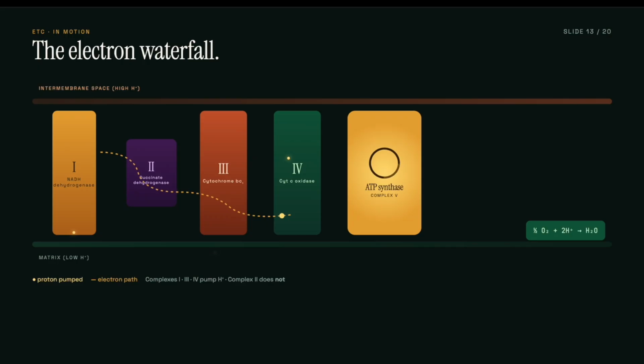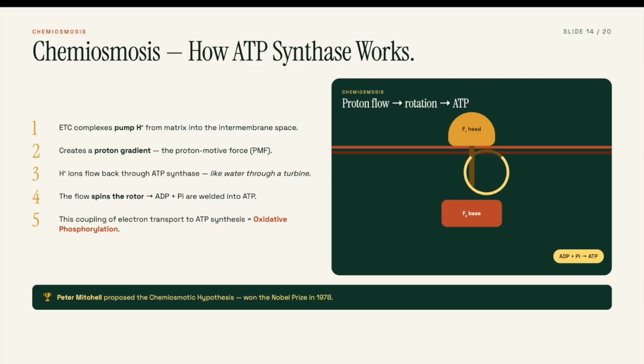That energy is used to pump hydrogen ions. By the end, oxygen accepts the electrons and we get water. The whole system is like a waterfall. Electrons cascade down, and the energy from each drop is captured to pump protons. Beautifully designed by nature. Now, how ATP synthase works.